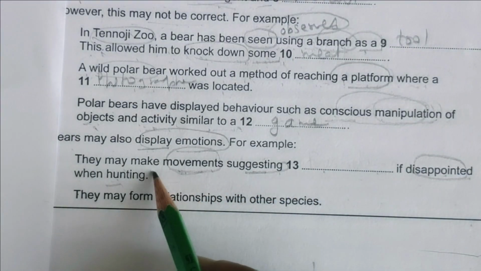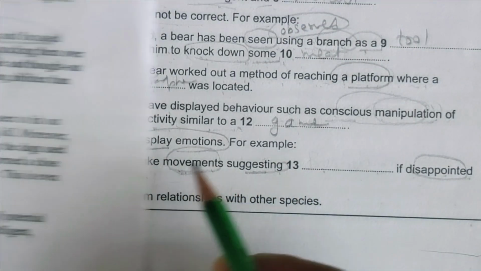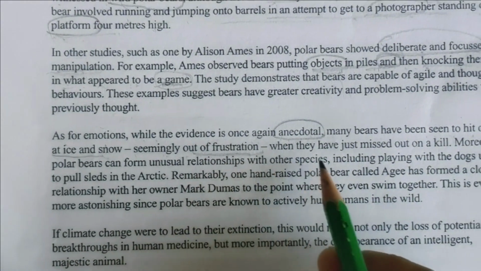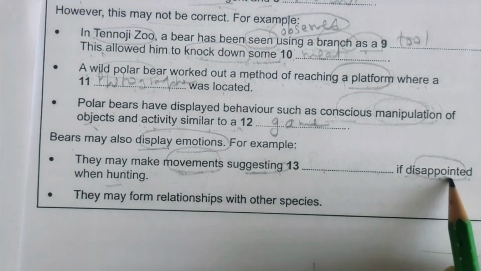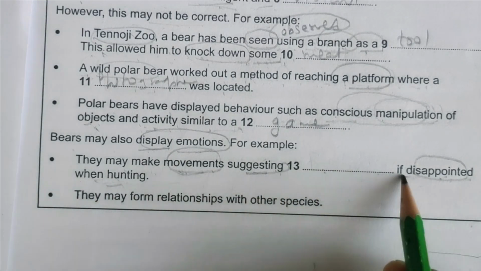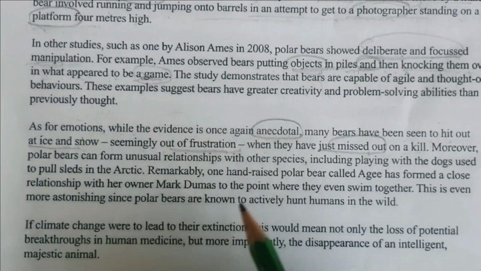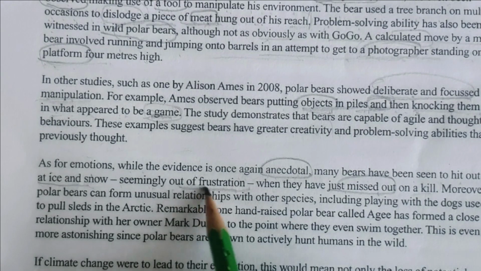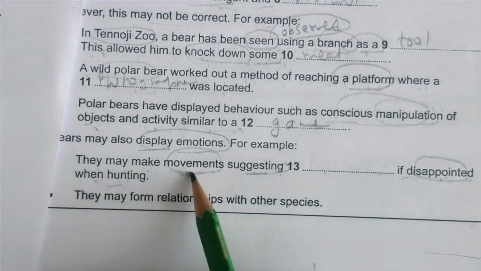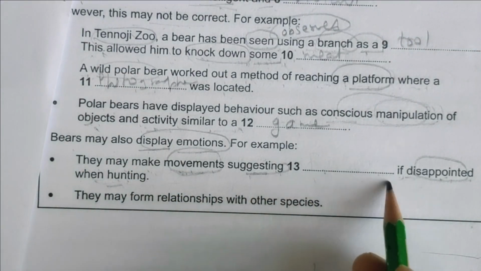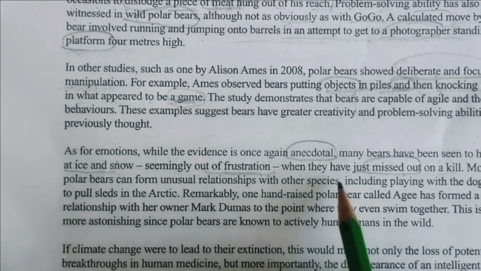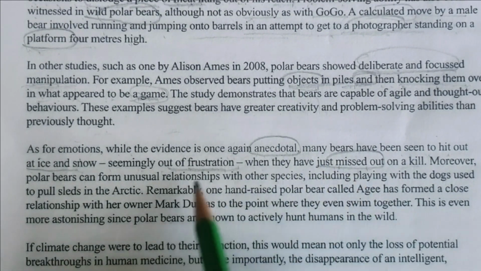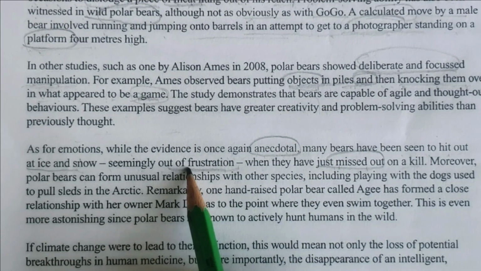They may move suggesting they are disappointed, out of frustration when they have just missed out on a kill. While hunting, when they are missing out on a kill, at that time they are showing frustration.